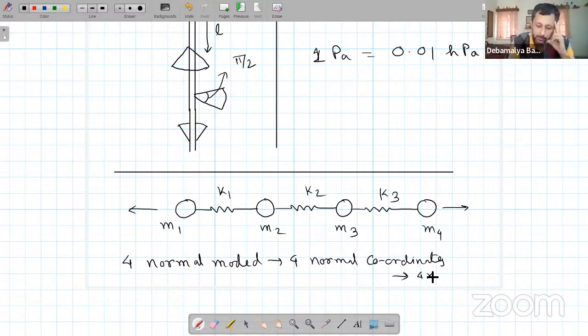Just a minute, let me think. Each normal mode will contribute 2 quadratic terms, right, because that is the concept of normal mode.